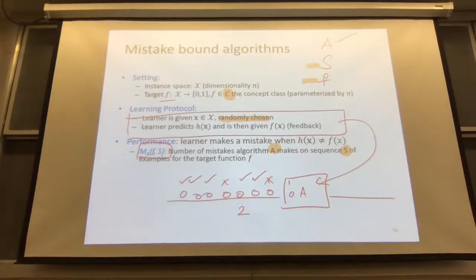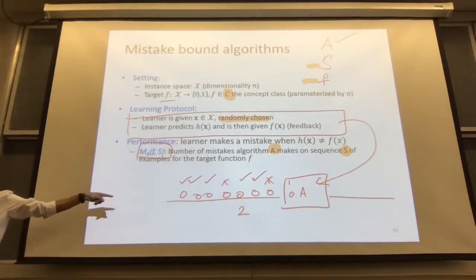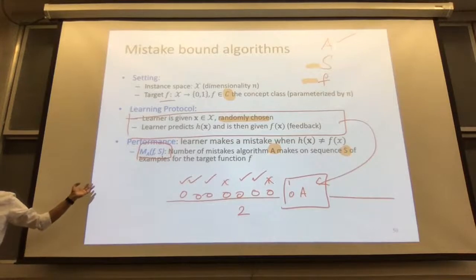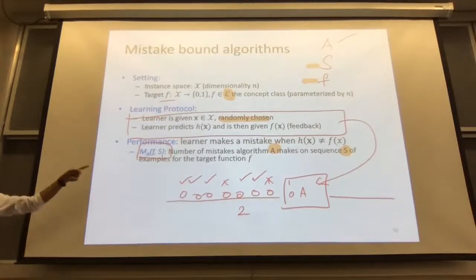So in some sense, this property here is, while easy to compute, not particularly useful, because it depends on things that we don't control, in particular F and S. The algorithm cannot control which sequence of examples it retrieves, because remember, this is not active learning. It cannot control which function is the true function, because if it knew the true function, then why bother?